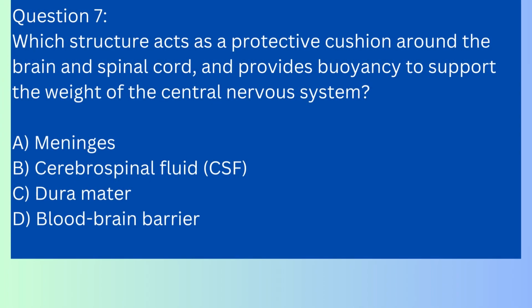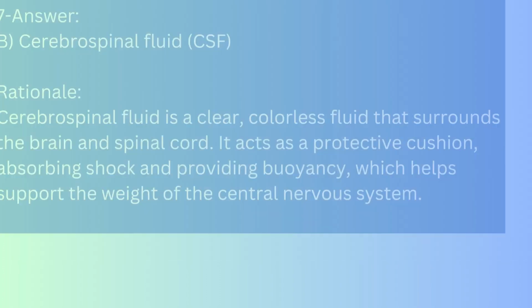Question 7. Which structure acts as a protective cushion around the brain and spinal cord, and provides buoyancy to support the weight of the central nervous system? A. Meninges. B. Cerebrospinal fluid, CSF. C. Dura mater. D. Blood-brain barrier. Answer.